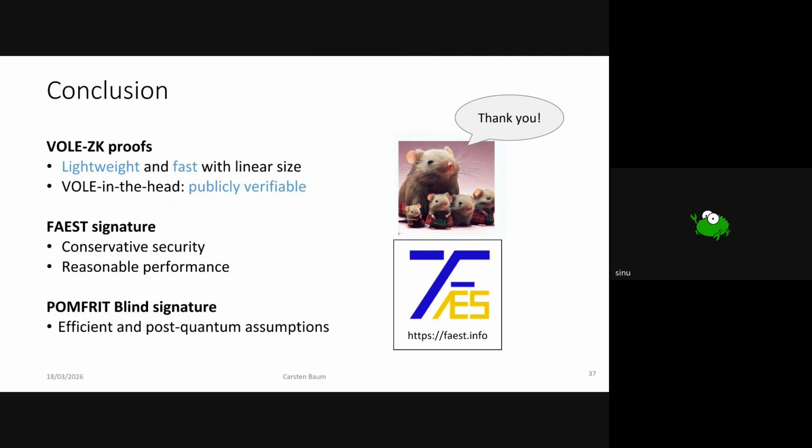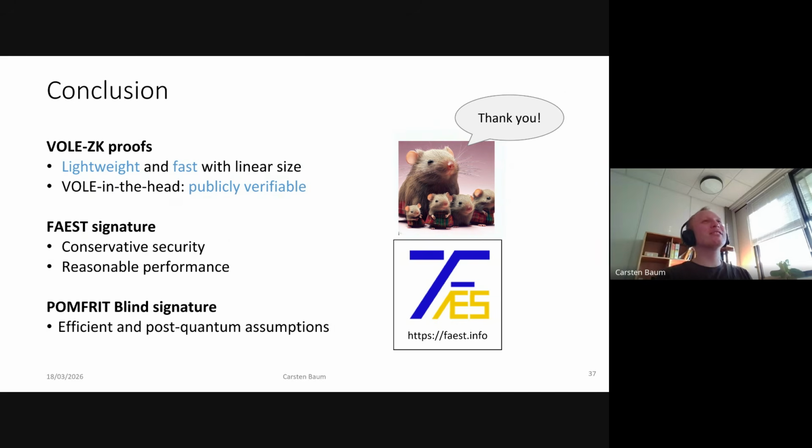Is that mostly just the GGM tree? Right, which is super efficient on your laptop or any kind of other device, because you have instructions for AES. All of these PRG calls are super efficient and can be neatly pipelined on a processor.